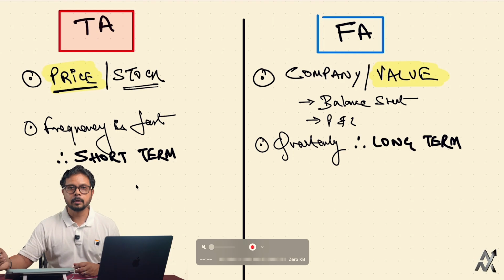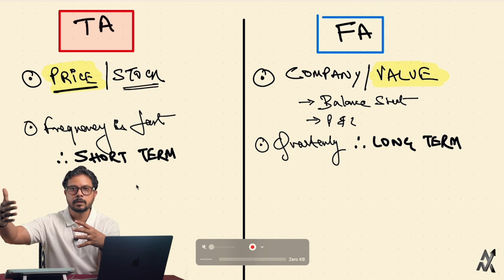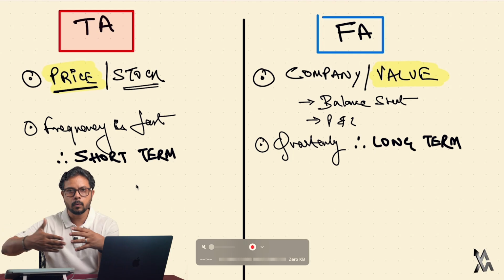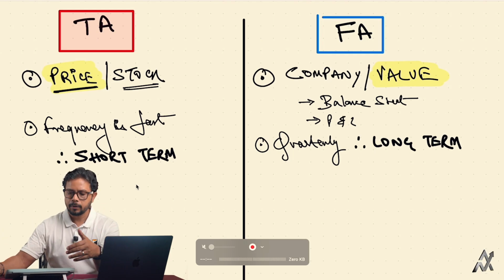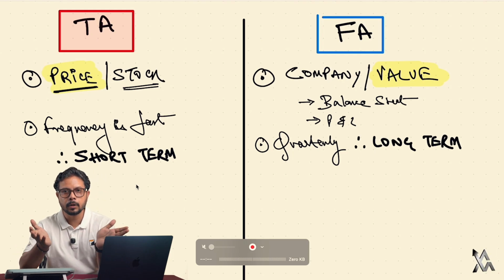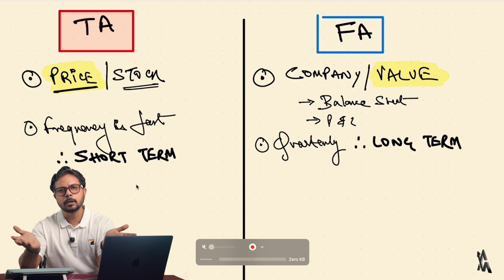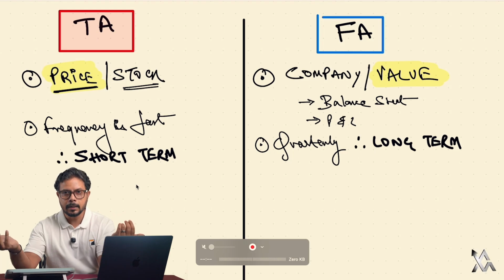If you are a fundamental analyst and you analyze a company and take a call and say, no, this looks good, I should buy, and your data will only change after 3 months or 6 months, then in between, whatever happens to the price up and down, you should hold on to it. On the other hand, for a technical analyst, the data changes every day. If I'm looking at the daily chart, last Friday was pretty good, but in the matter of 5 days it has fallen 7-8%, your view will change.